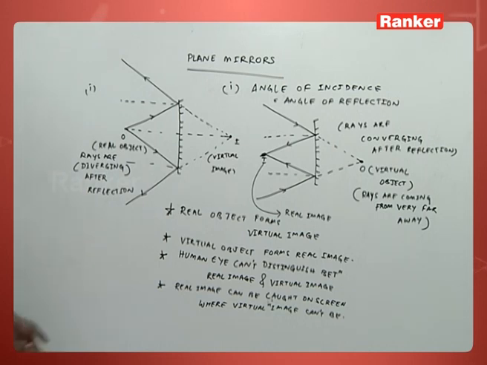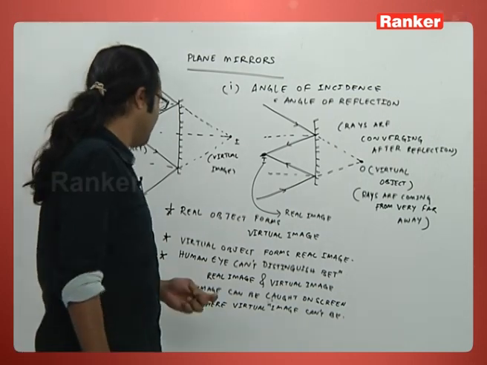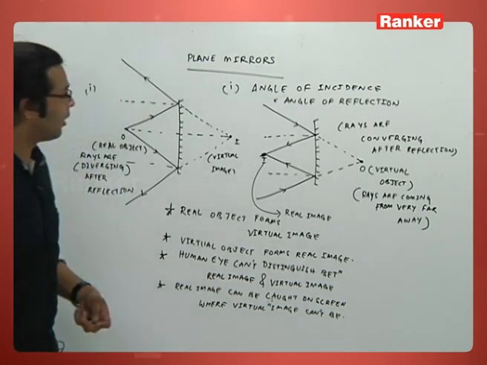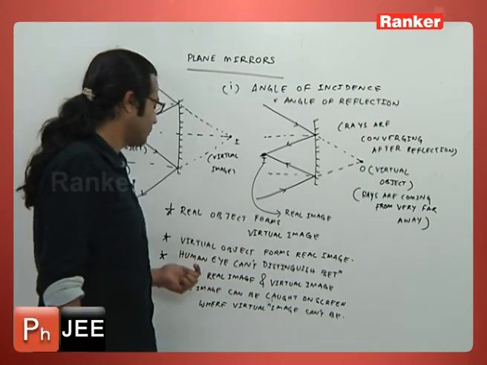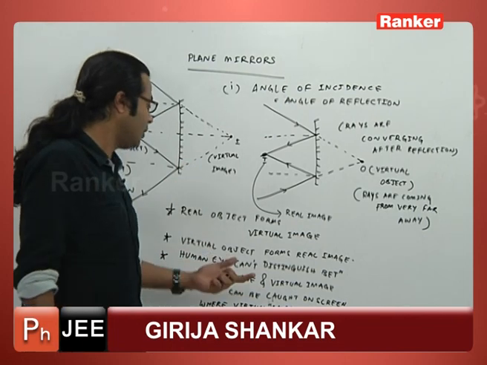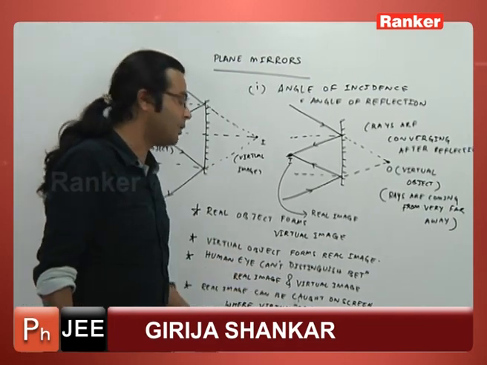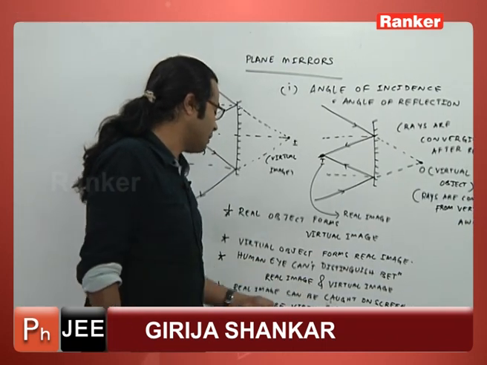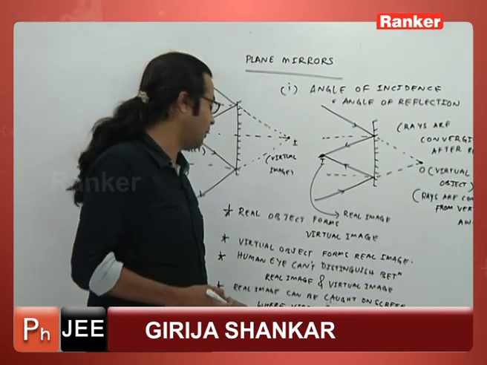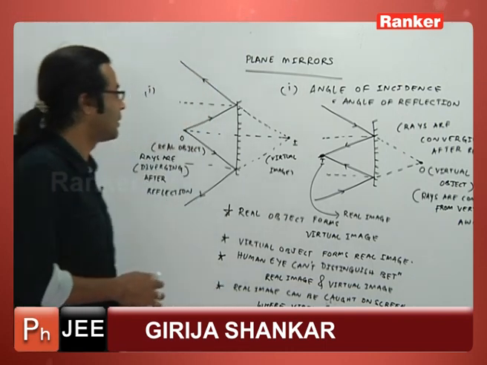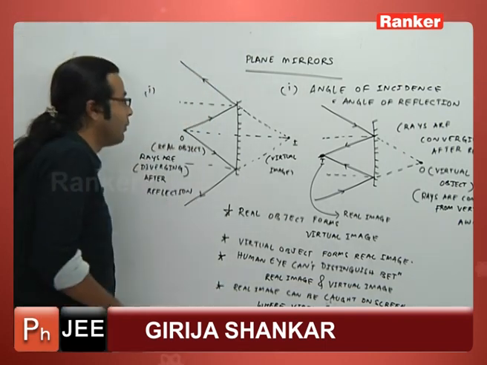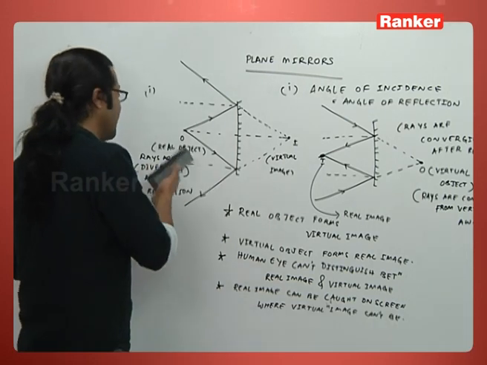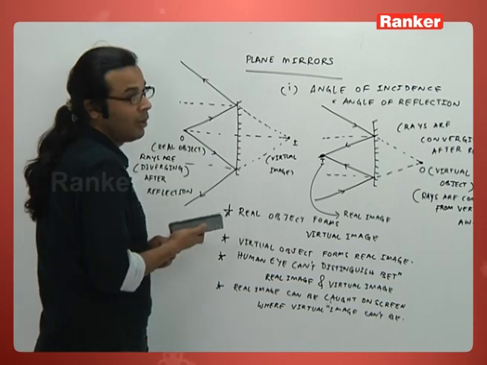So this is the main definition, ordinarily and through the knowledge of ray optics. Our human eye cannot distinguish between a real image and a virtual image, whereas a real image can be caught on a screen and a virtual image cannot be caught on the screen. This is one way of defining plane mirrors, and this is the explanation of real image, real object, virtual image, virtual object.